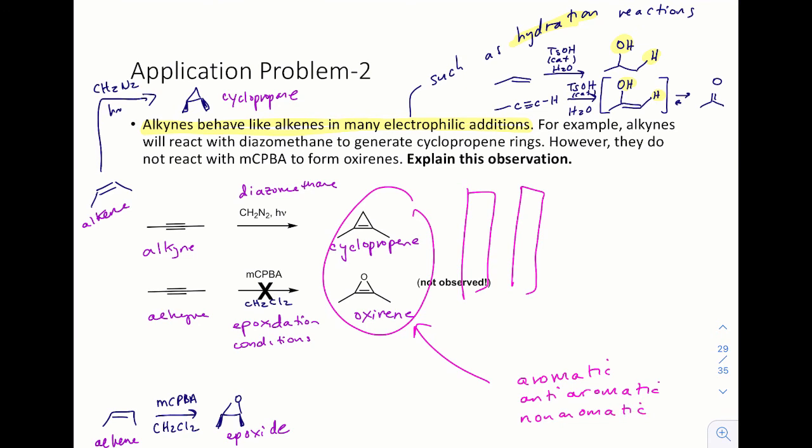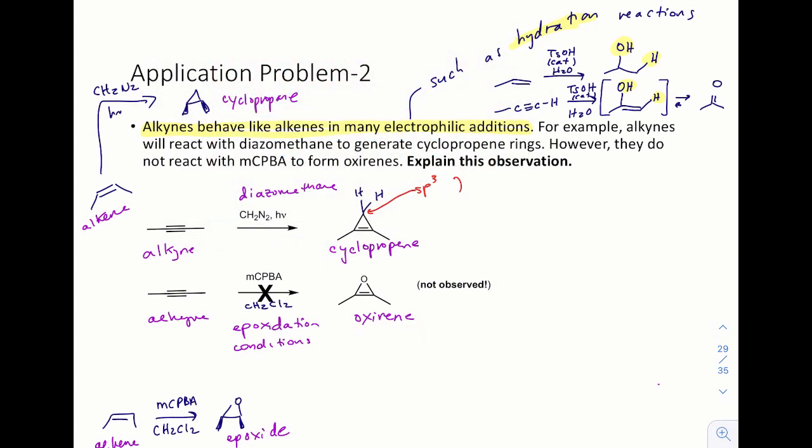So apply that skill we developed early on in the lesson. The cyclopropene ring is very strange, but it is non-aromatic. It does not contain a cyclic, contiguous, and planar arrangement of p orbitals, primarily because this carbon is sp3 hybridized and does not have a p orbital.